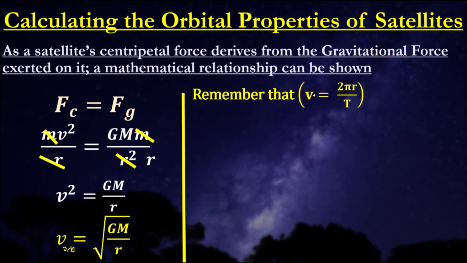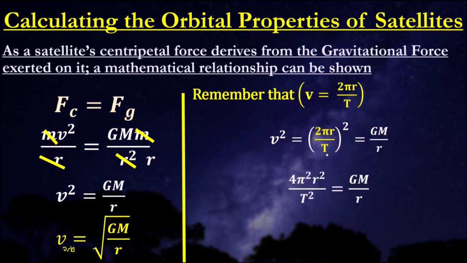All we know is v equals 2 pi r over T. So in this bit here, instead of v squared, we substitute 2 pi r over T, squared. And if we write our equation out, we get this formula here.